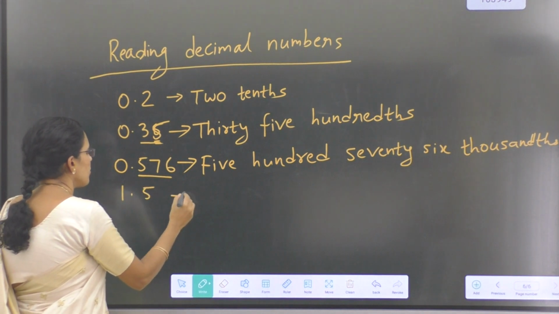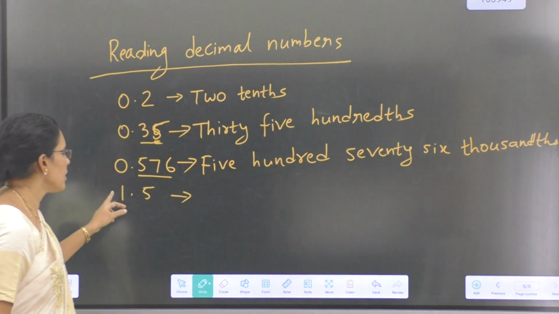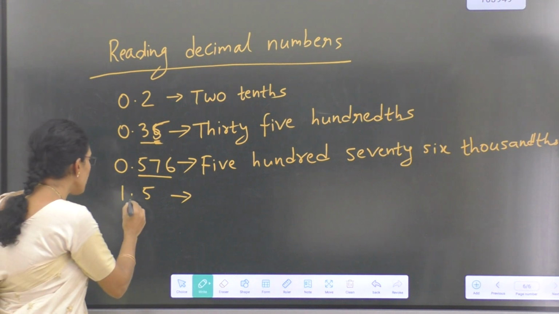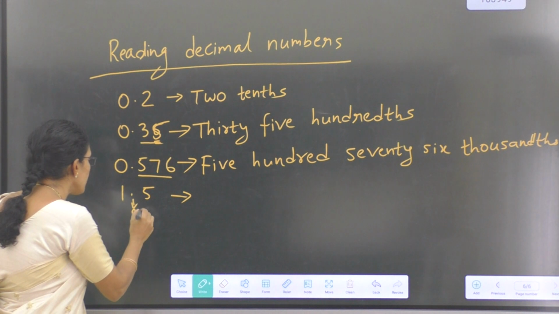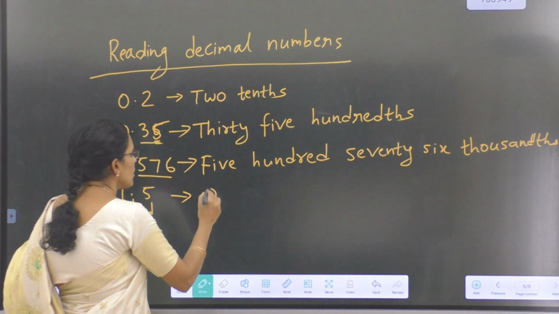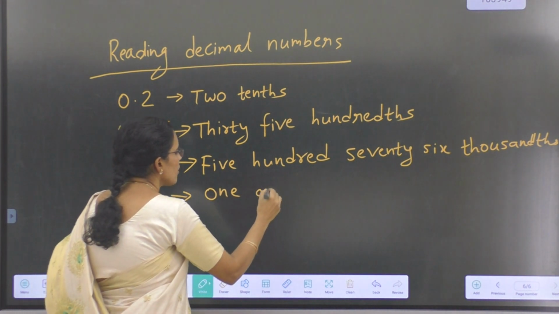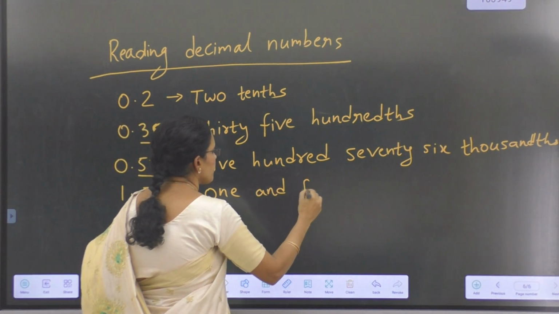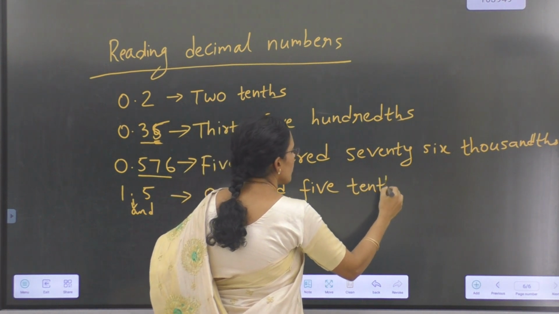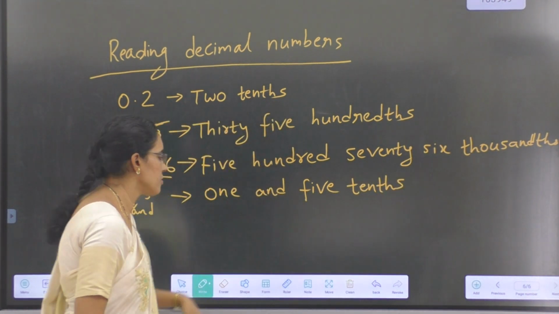1.5. If it is 1.5, then the whole part is read as 1 and you use the word and. 1 and 5 tenths.